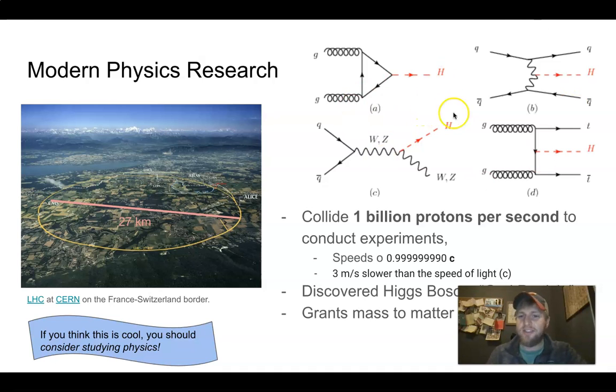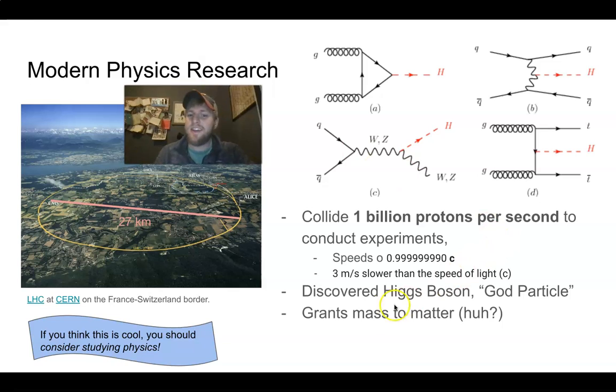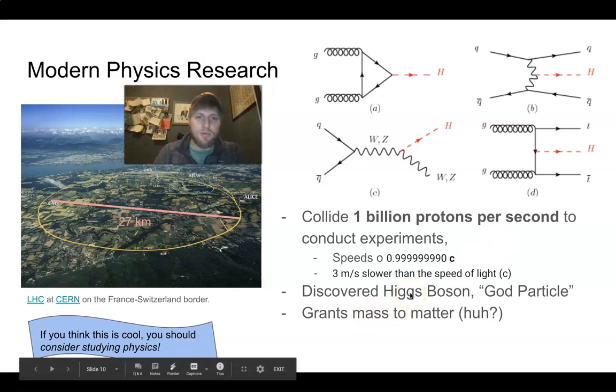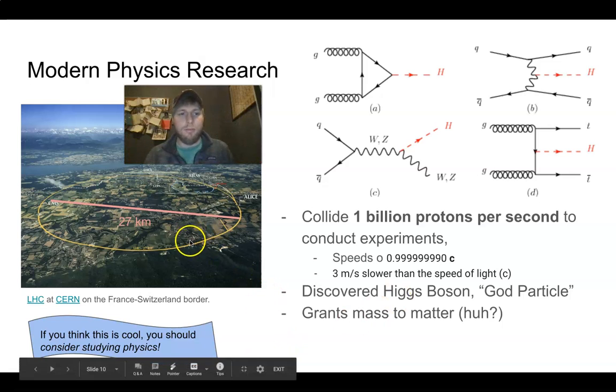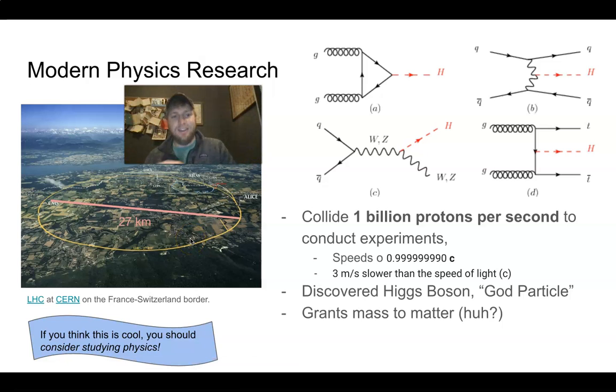What they do is study these Feynman diagrams, and in fact, I'll move my little picture over here. Back in 2012, they announced that they had discovered something that had been hypothesized back in the 1950s, and then from the 1950s until 2012, people had built bigger and bigger particle accelerators. In a roundabout way, they helped invent the internet to get all of this data managed, and finally discovered the Higgs boson, which is sometimes referred to as the God particle.